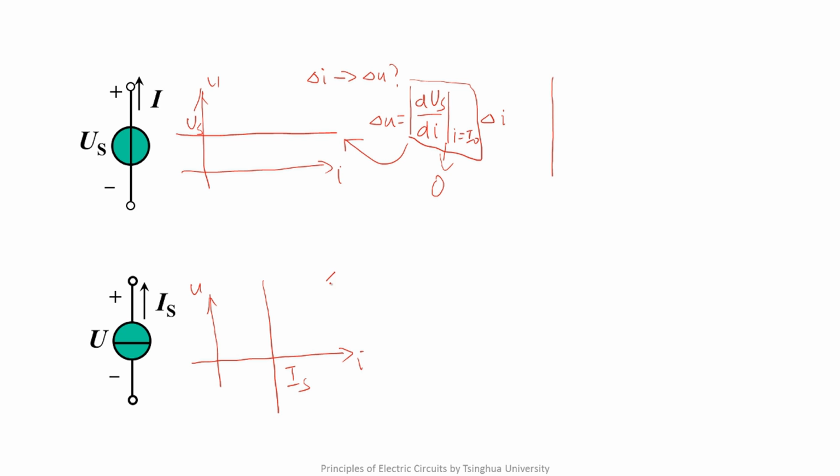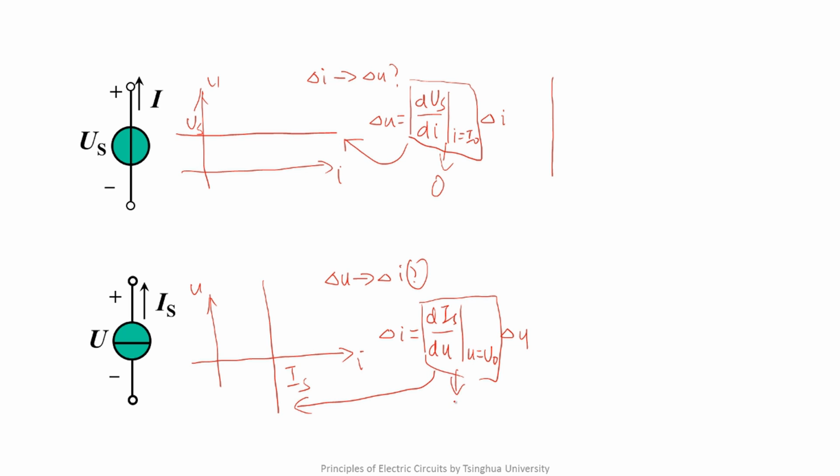The only possible way is that there is a delta I with an existing delta U. So delta I equals dIs over dU at U equals U0, times delta U. For such a straight line, the slope is 0. So it corresponds to a zero conductance, that is, an open circuit.